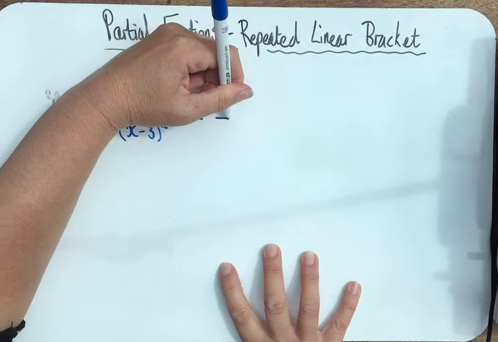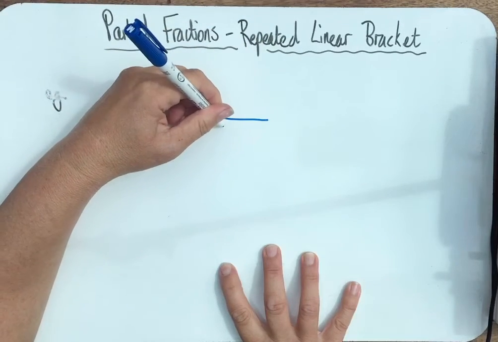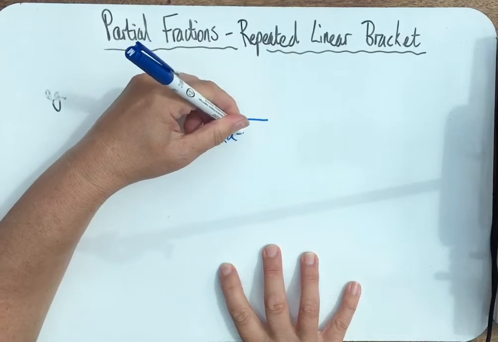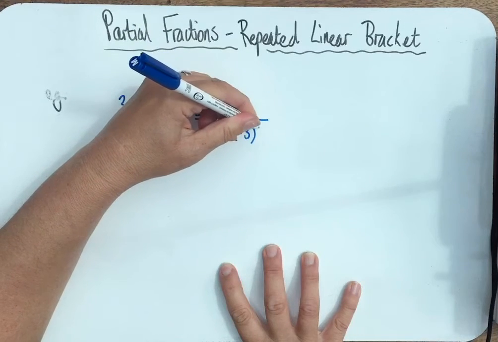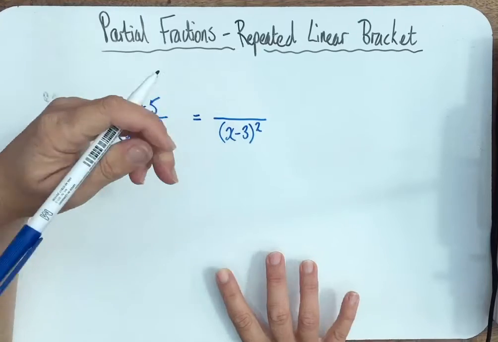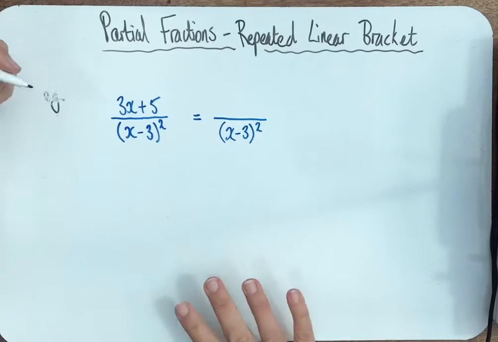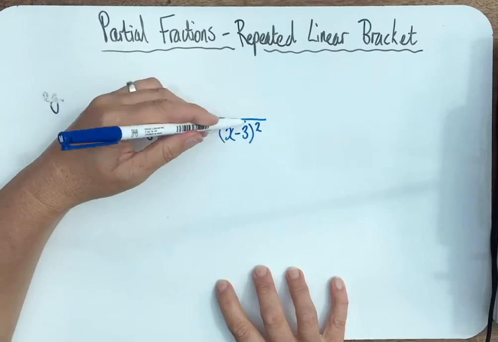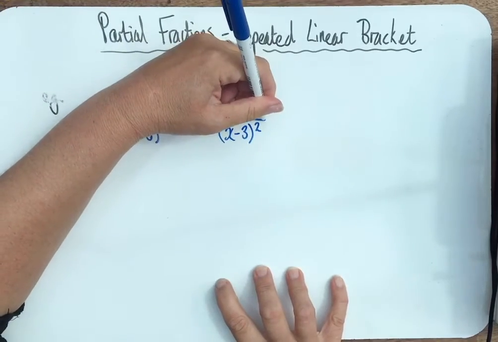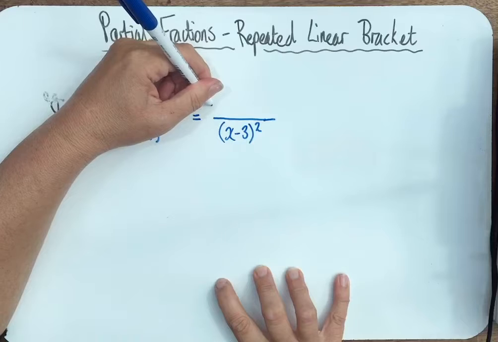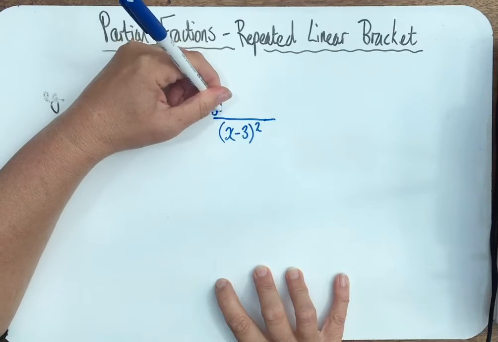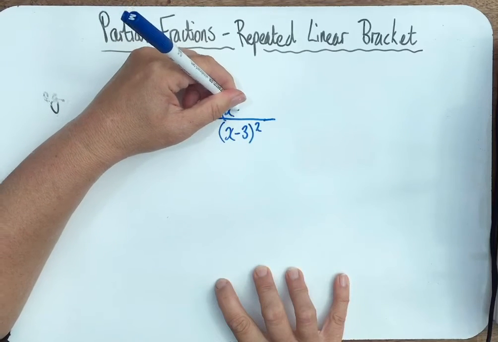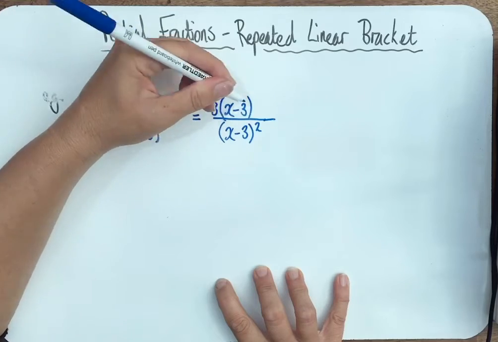Then, if you look at what happens, I want to split this into two fractions. So I'm going to replace this x with x minus 3, so that the top becomes 3 lots of x minus 3.